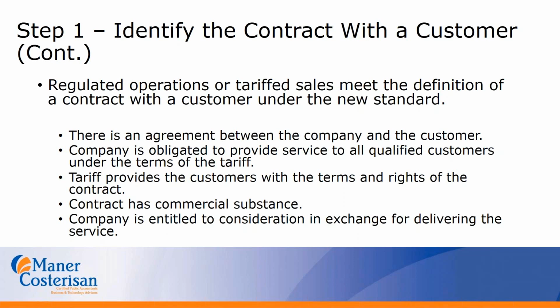Because 1, there is an agreement between the company and the customer, which generally occurs when the customer requests service orally and implicitly accepts the provisions of the tariff when it takes delivery of the service. 2, the company is obligated to provide service to all qualified customers under the terms of the tariff, and when it has done so, the customer is obligated to pay for that service as provided in the tariff. 3, the tariff provides the customer with the standard terms and conditions or rights, including pricing terms of the contract. 4, the contract between the company and the customer incorporates relevant terms and conditions of the tariff, thus the contract has commercial substance.